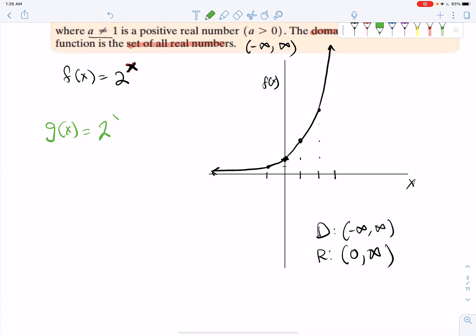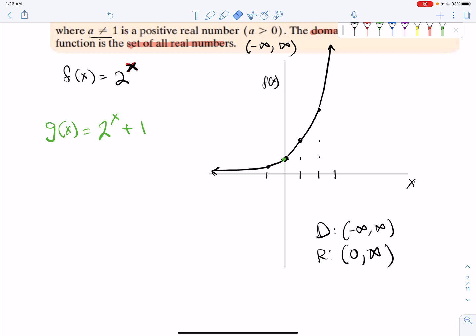It's still going to be 2 to the x, so it's going to have that same exact look. But guess what happens if I give it a +1? Well, the best thing to do is to go to the y-intercept, which is now right there at 0, 1.